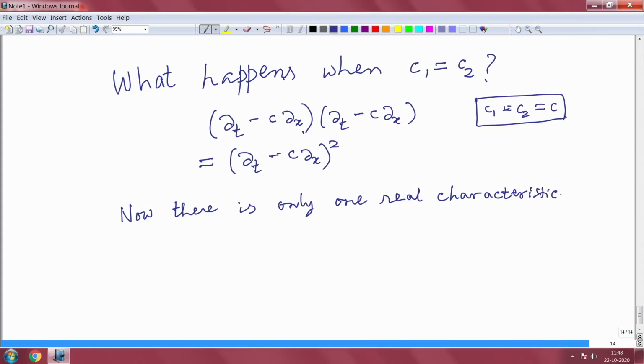That corresponding characteristic family is given by x plus C t equal to constants. Okay. These are the characteristic lines.